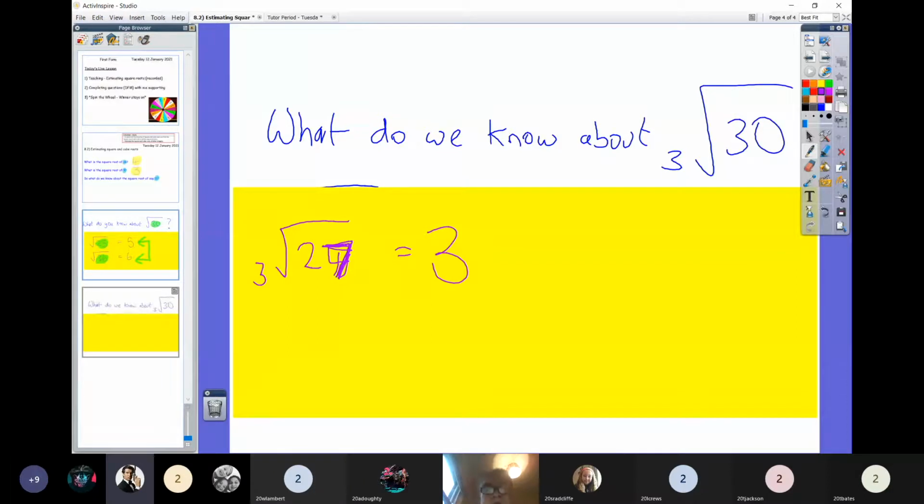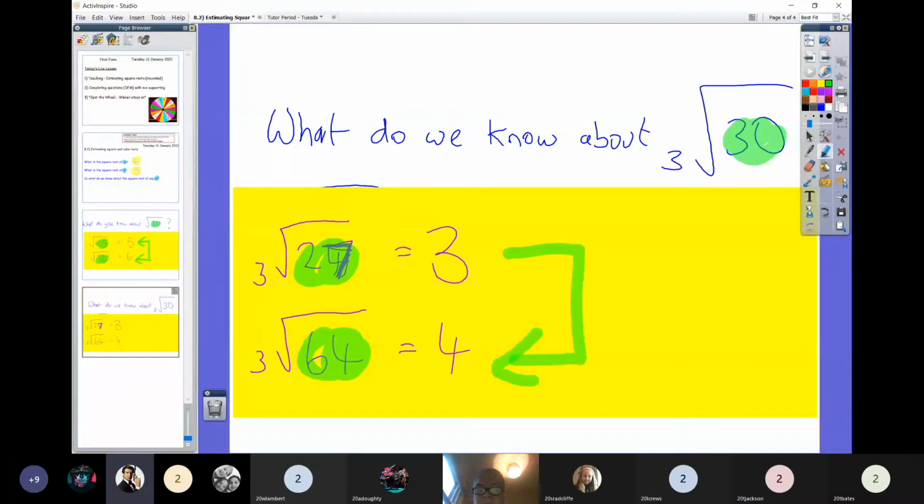And we also know the cube root of 64 is 4, because 4 times 4 times 4 is 64. So the cube root of 30, as it's between 27 and 64, is going to be somewhere between 3 and 4. And would actually be much closer to 3, wouldn't it?